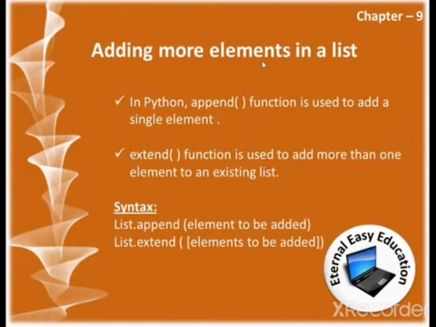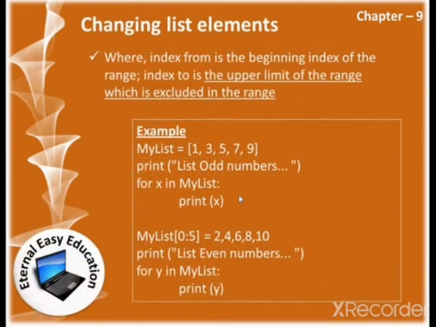Adding more, see this changing list elements, where index is the beginning index of the range, that means 0, and the index after the colon is the upper limit of the range, which is excluded from the range. Here you have to note a point. See the list given: 1, 3, 5, 7, 9.